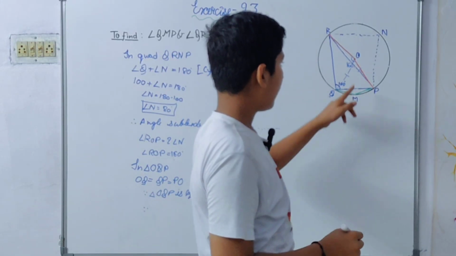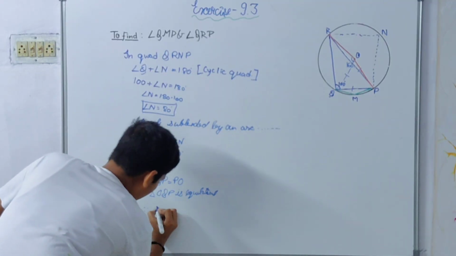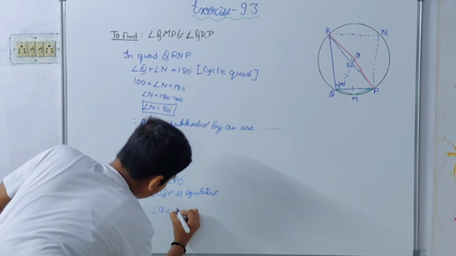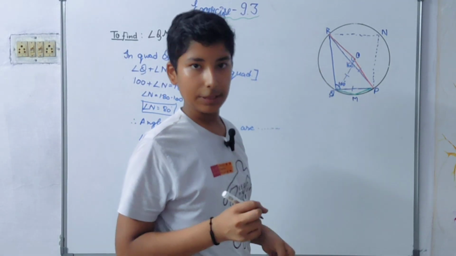We'll find this one angle. So angle O equal to 60 degree. This angle is 60 degree.